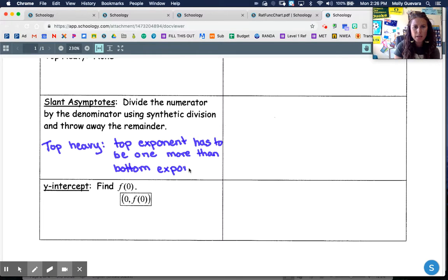So it can't just be any type of top heavy, right? The exponent on top has to be 1 more than the exponent on bottom. Or the degree, I guess I should say, right?